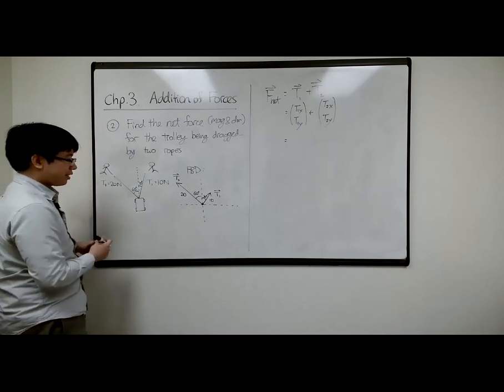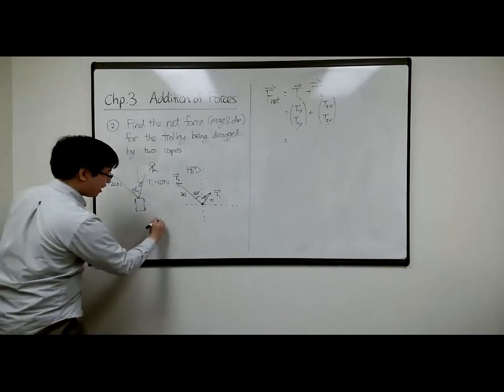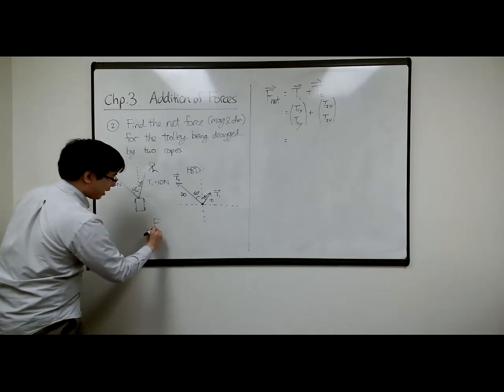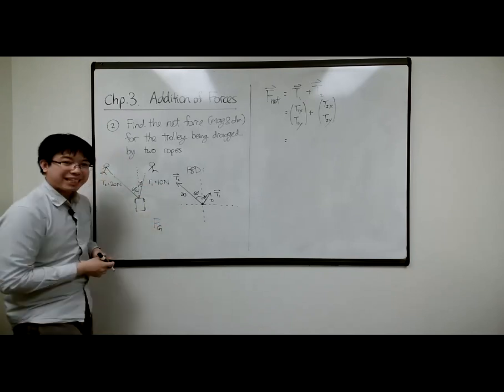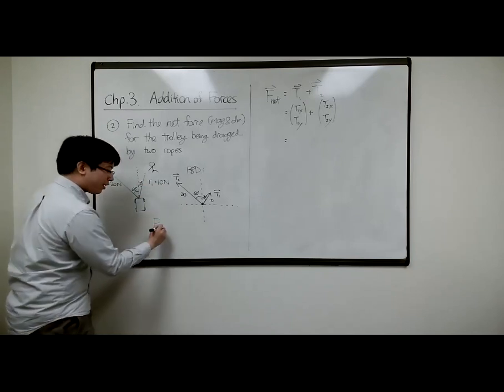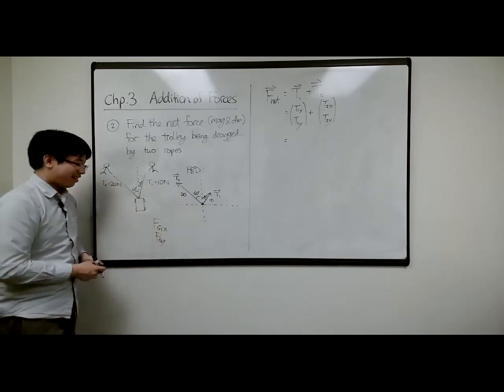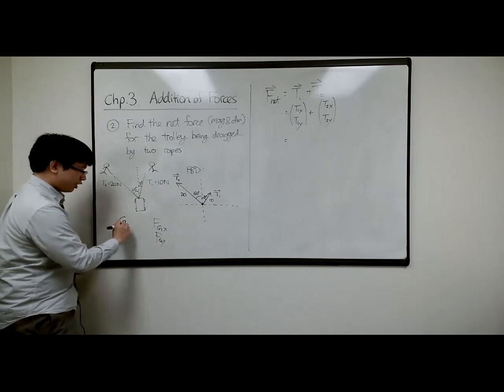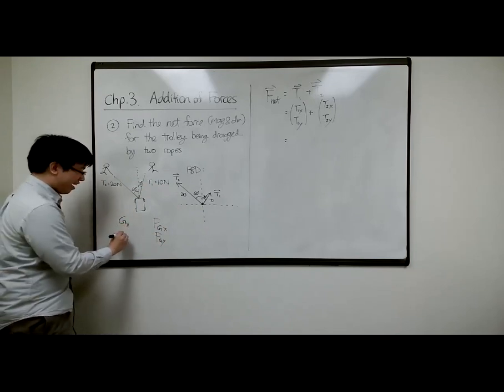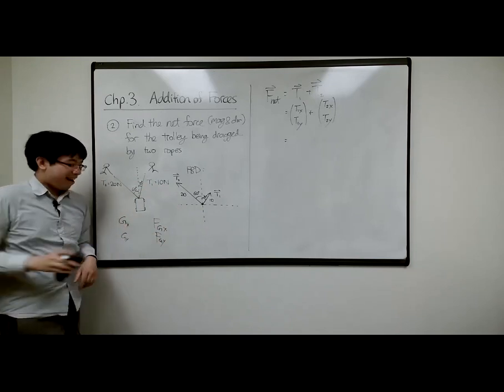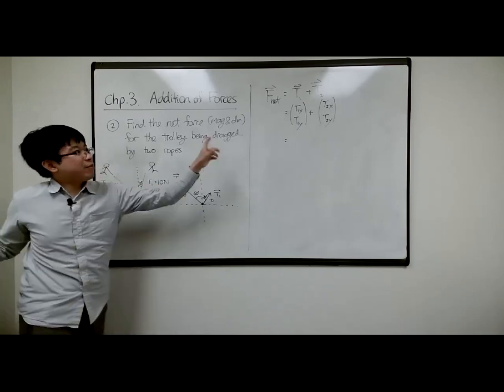Otherwise, you probably noticed this already when your textbook would draw a force of gravity this way, and then once you resolve it, you have FGX, FGY, and it starts to get more confusing than it really needs to be. I usually just call it G for gravity, GX, GY. That's clean enough. All right, side note aside, focus back on here.